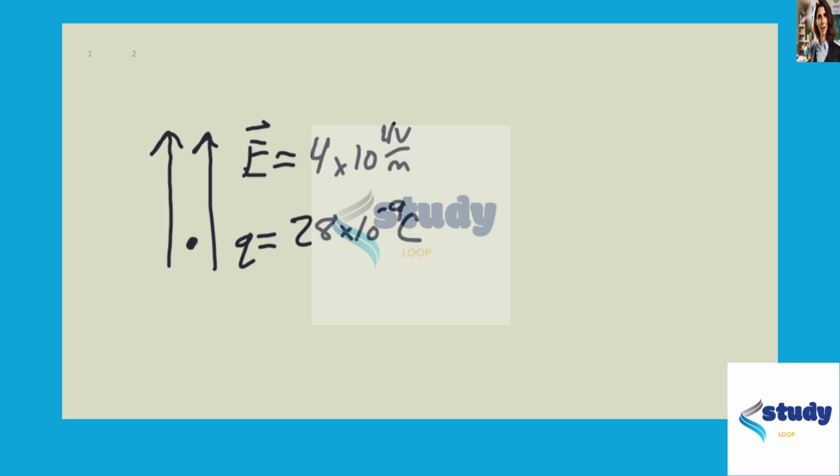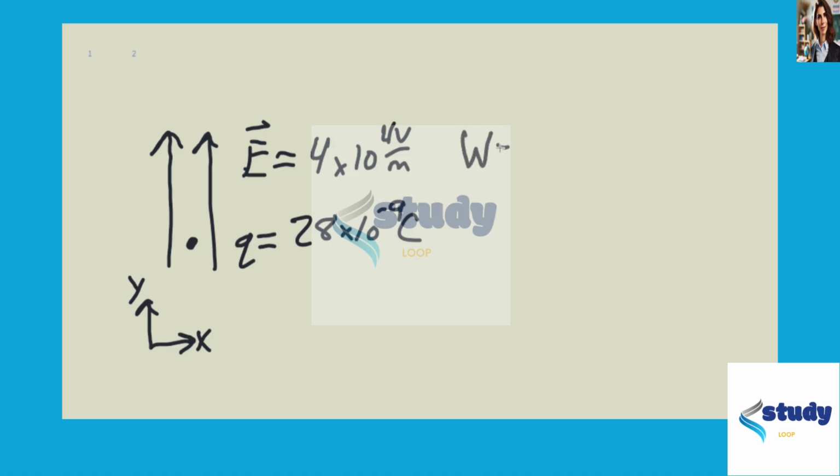Now, I'm going to choose a coordinate system because we're going to need it later on, and I'm just going to pick the traditional coordinate system here. And now we're asked to calculate the work for different displacements of this charge.